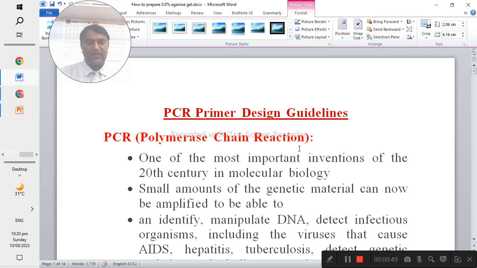How can the researcher make the PCR primers? So first, what is PCR?